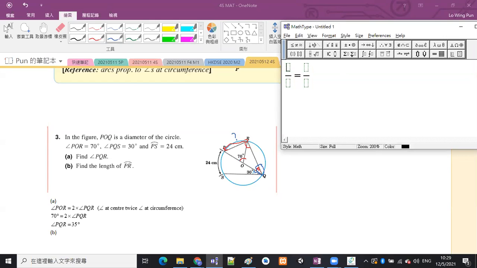And then the top left corner, we should write arc PR because this time we want to find arc PR.